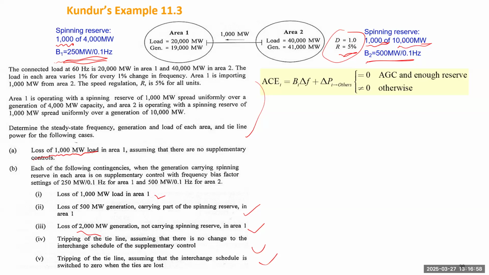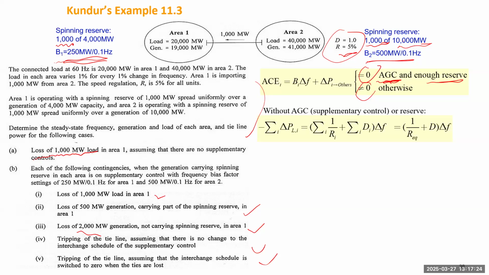Here we only have 2 areas, but if I have more than 2 areas, for the second item you need to integrate the export from this area to the neighbors. So if you have AGC, and also it has enough spinning reserve, ACE will go back to 0. Otherwise, it will be non-zero. So keep this in mind.